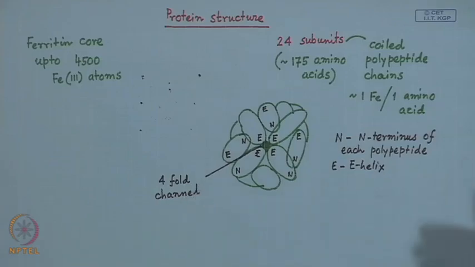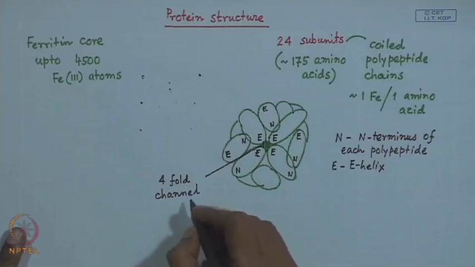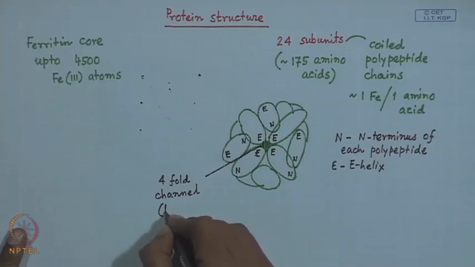Because you have a protein envelope, a spherical arrangement of the protein envelope, and the iron centers have to enter there, because you have to put iron centers. So, there must be some channel, and through those channels iron will enter into the ferritin core and form the corresponding mineral-like structure. So, you have a 4-fold channel, and that 4-fold channel is basically hydrophobic in nature.